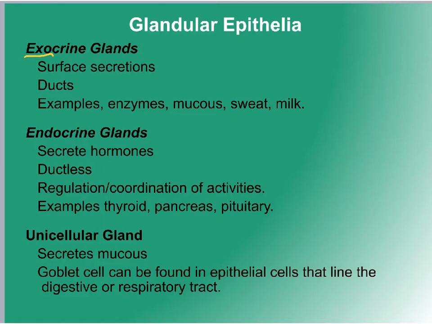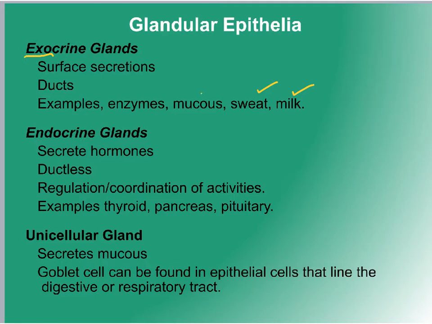It doesn't necessarily mean the surface of the body, not necessarily the outside of the body, although in some cases it is. It just means that the secretion goes on top of something. So, for instance, sweat glands, right? Those glands are going to secrete sweat onto the surface of your body. Lactiferous glands or milk glands will secrete milk onto the surface of the body.